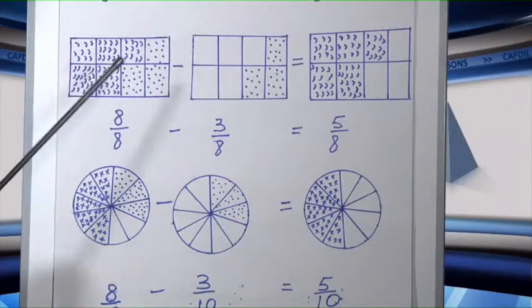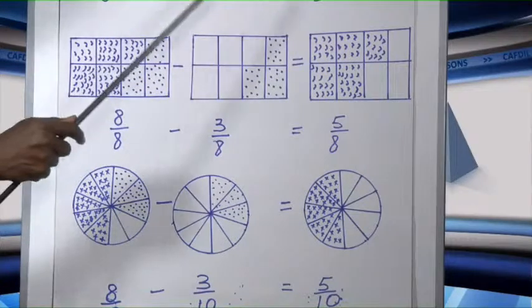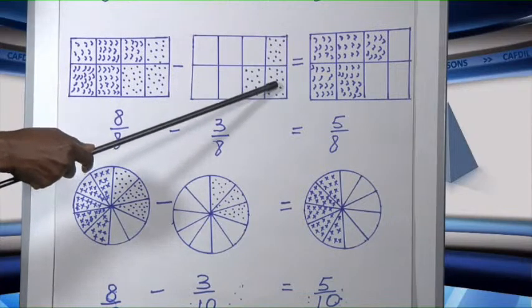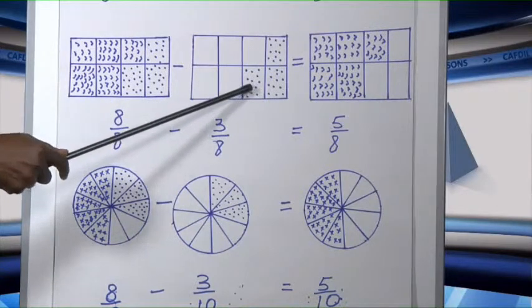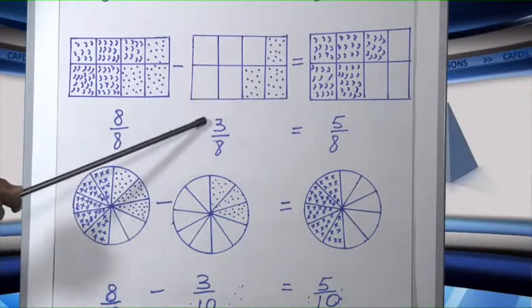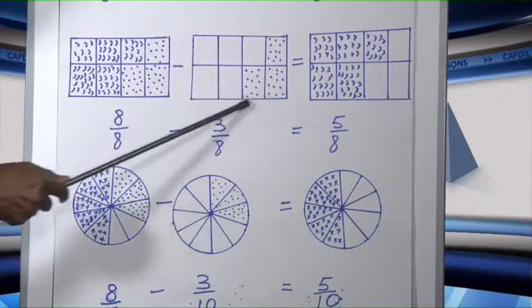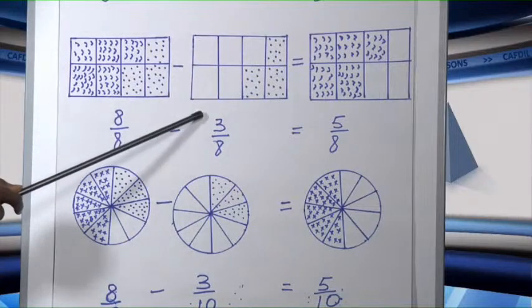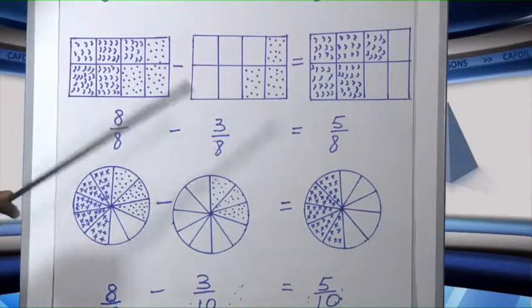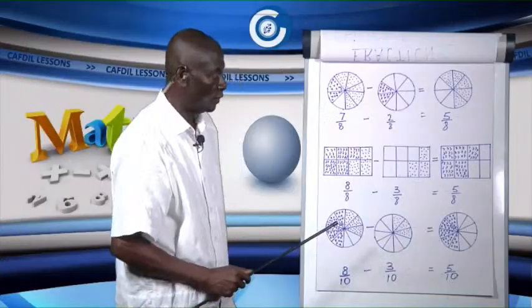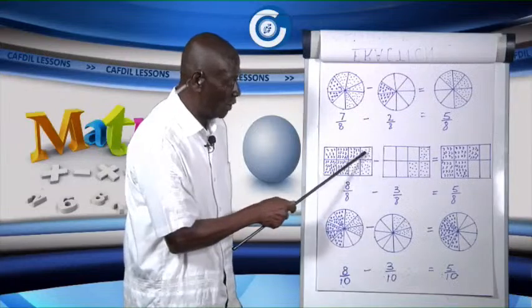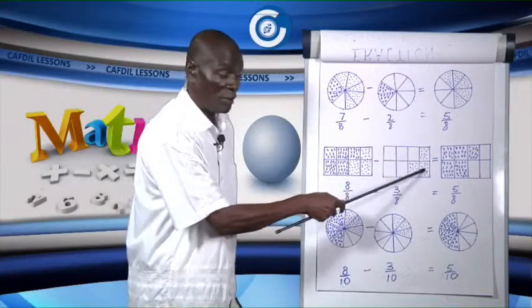How many parts have been shaded? 1, 2, 3. Here it is. So what fraction has been shaded in this rectangle? 3/8. Very good.